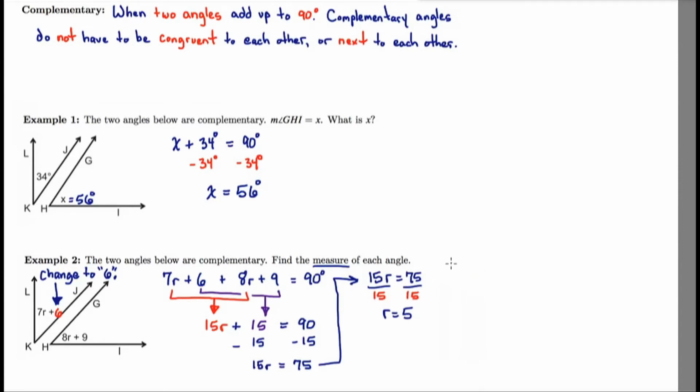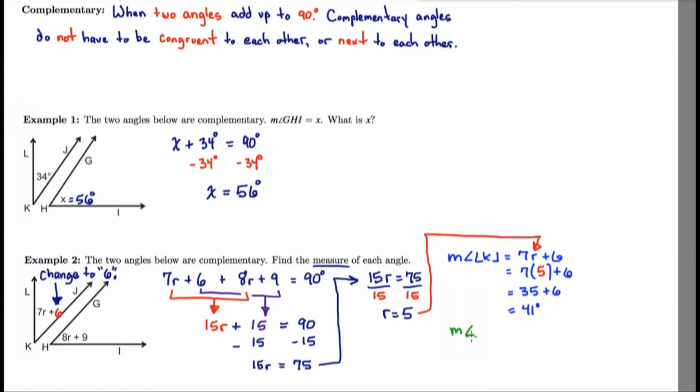So I'm trying to find the measure of each angle, not just solve for the variable. So I have to substitute 5 in for r in the expression. So the measure of angle LKJ is 7 times 5 plus 6, which is 41.